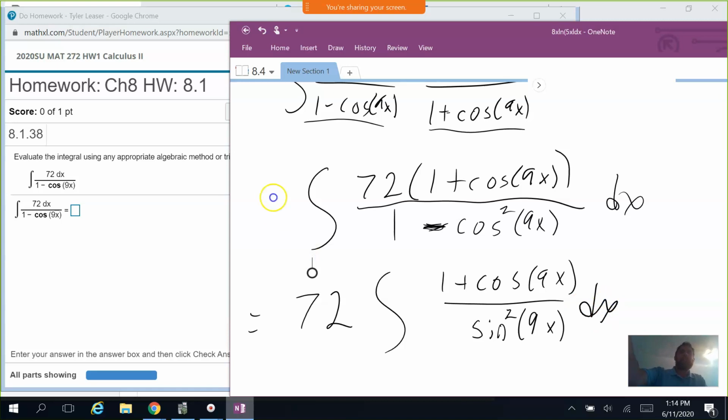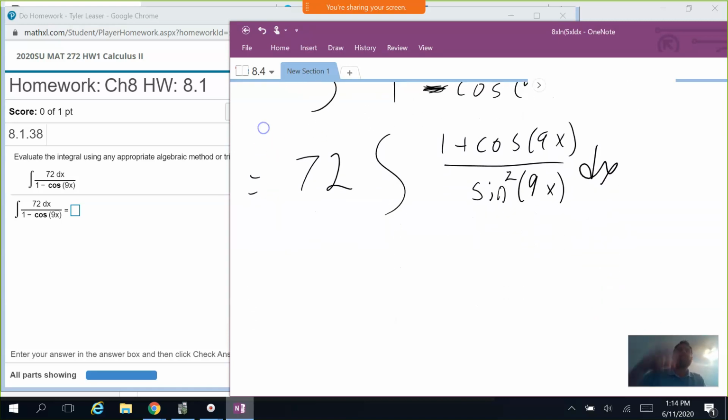Here, still not quite done, still quite a bit to go. 1 plus cosine 9x over sine squared 9x. The trick here is we're going to split that fraction into two separate fractions. So we still have the 72 out in front. We're going to have 1 over sine squared, which simplifies down to be cosecant squared.